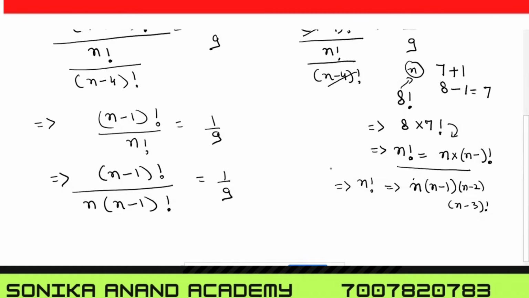Let these cancel. So I have 1 by n is equal to 1 by 9. Comparing, we get n is equal to 9. Just note it down in your notebook.